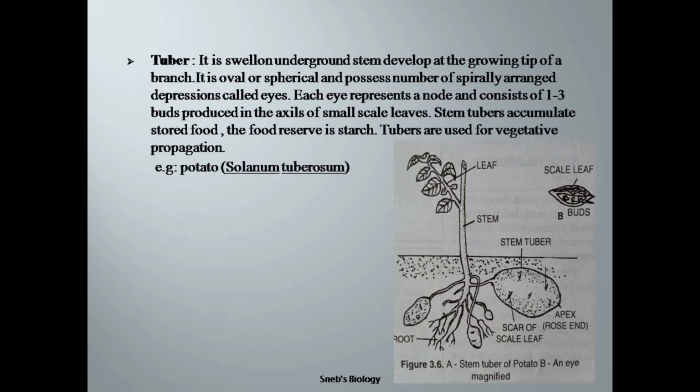So, it is a stem. We also find that if potatoes are left for a longer period of time, a tiny structure develops from these nodes, that is actually a bud. This is growing from the nodes and this bud would give rise to another plant.